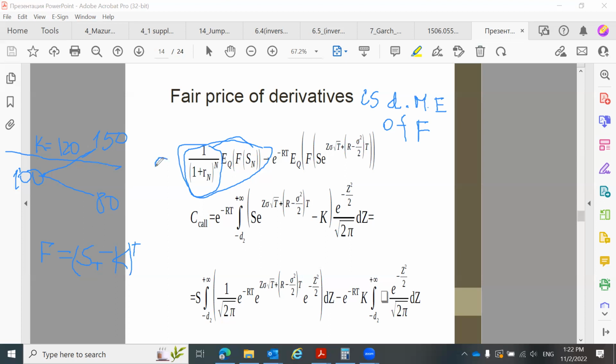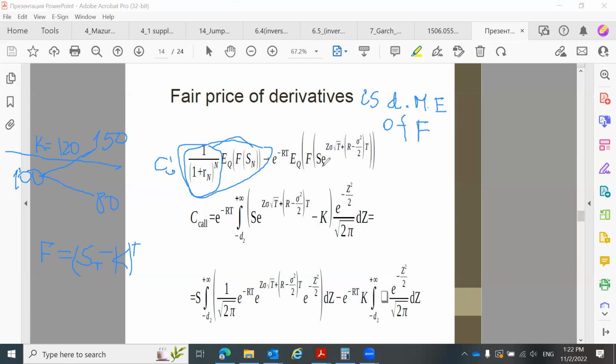For example, we can denote this as C for call option. C equals the discounted mathematical expectation of this payoff function. Discounting is 1 divided by 1 plus r to the power n, or e to the power minus rt, it is the same. It is the mathematical expectation of the payoff function at the current moment.